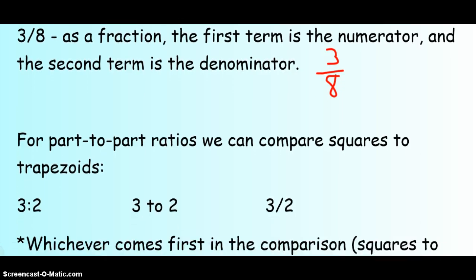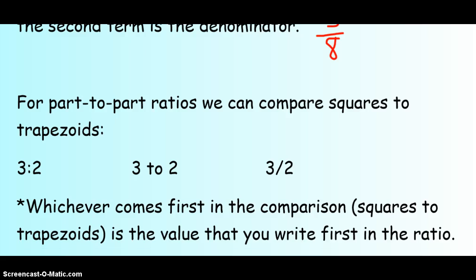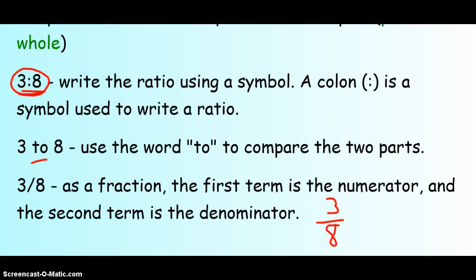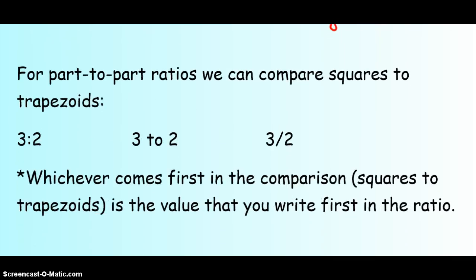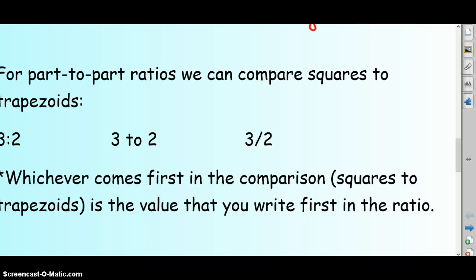For part-to-part ratios, we can compare the squares to trapezoids. So let's look back up at the top. We're comparing squares to trapezoids. We have 1, 2, 3 squares, and we have 1, 2 trapezoids. So to show that ratio, it would be 3 to 2.